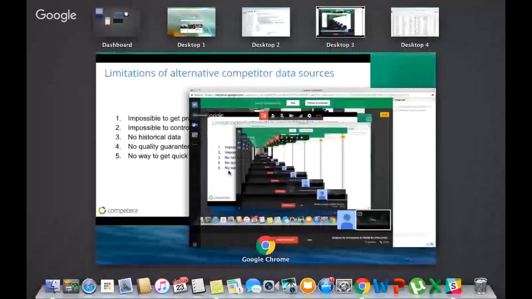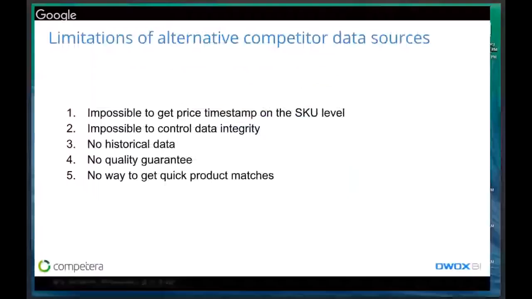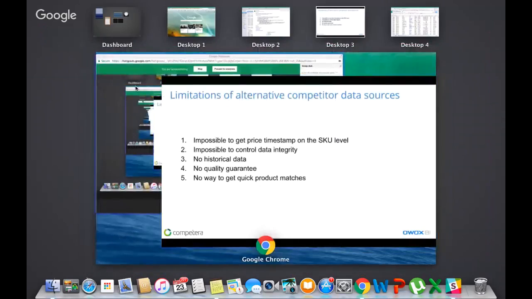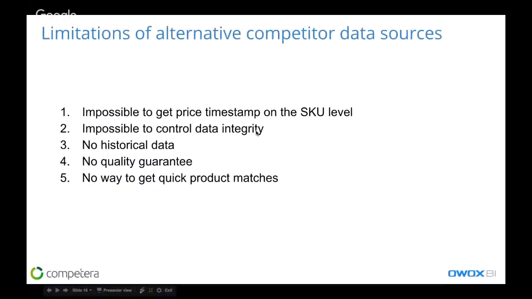With a competitive pricing vendor, you can get extensive and dynamic snapshots of your product's intersection with competitors. The third point is that most likely we're not going to have historical data available if we are making data crawls from price comparison websites.